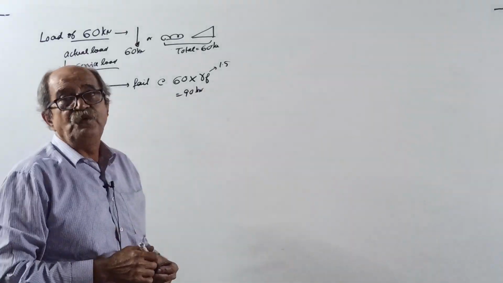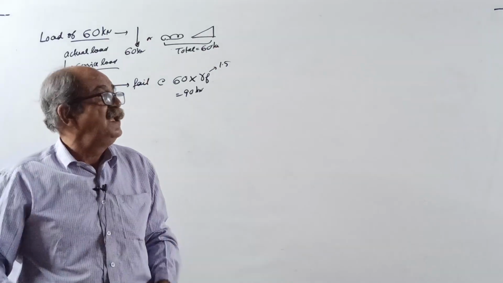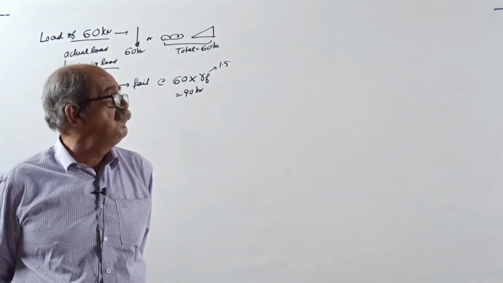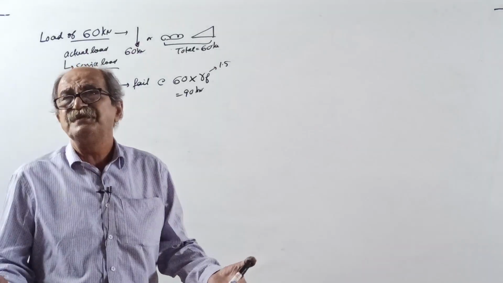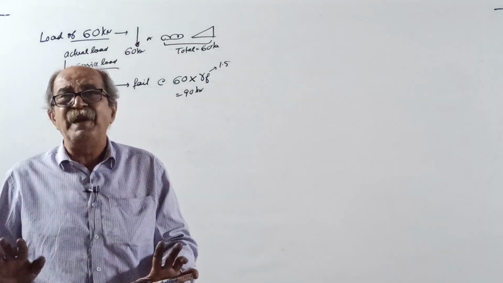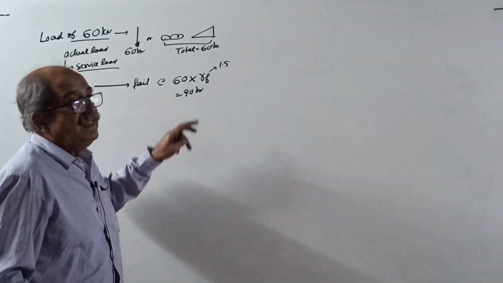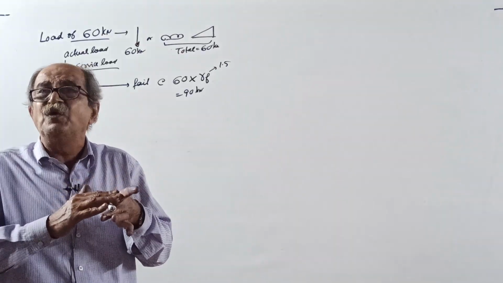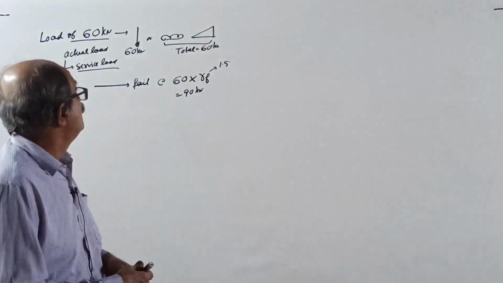Now you are safe, because you are actually applying only 60 kilonewton, but your member will fail, reaching the limit state of collapse, at 90. So you are safe.